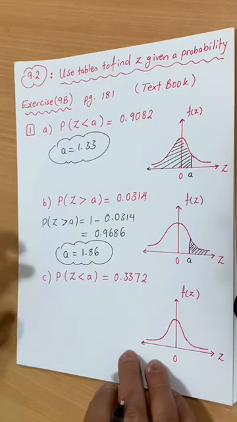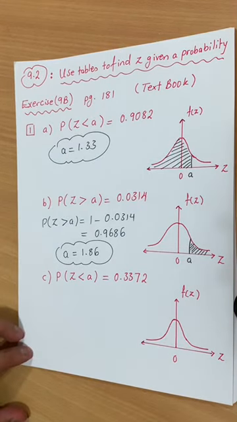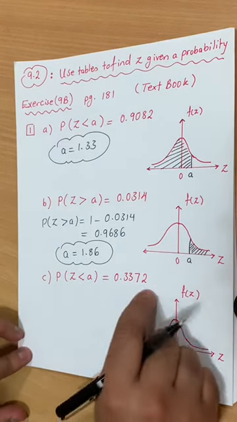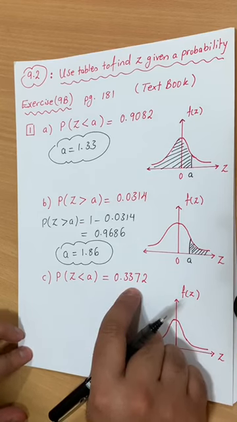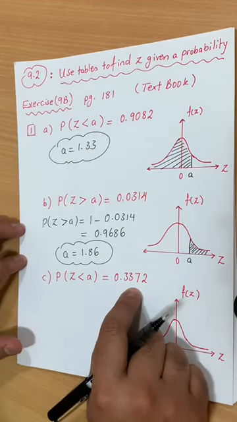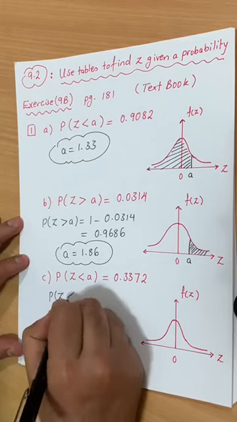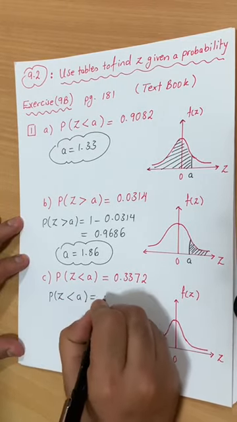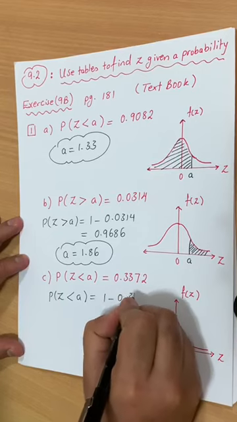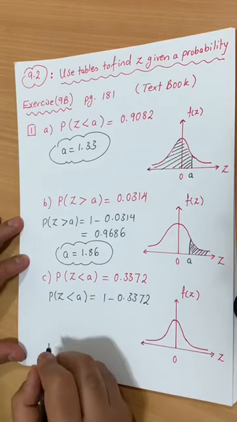For this question, we have to do the same thing. This is less than, and as you see, the value is less than 0.5. So A is negative. Why? Because you're supposed to do 1 minus. So you do probability of Z less than A equals 1 minus 0.3372.